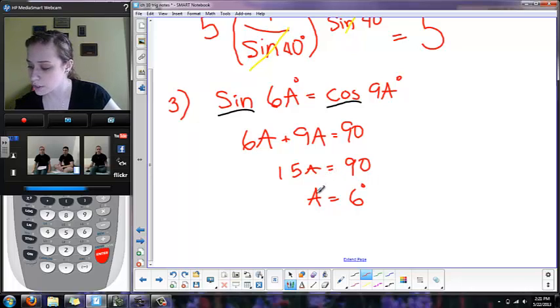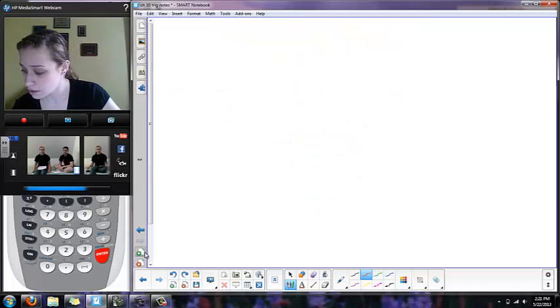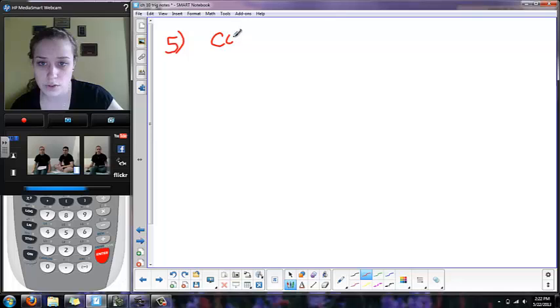Number 4 is pretty much the same thing. Number 5 is also the same thing. Number 6 is pretty much the same thing. Let me go through one of these with you. How about number 5? They're all just dealing with that whole cofunction issue, and all you have to do is add them up and set it equal to 90. So this time we have cosine of x is equal to the sine of 2x minus 30.